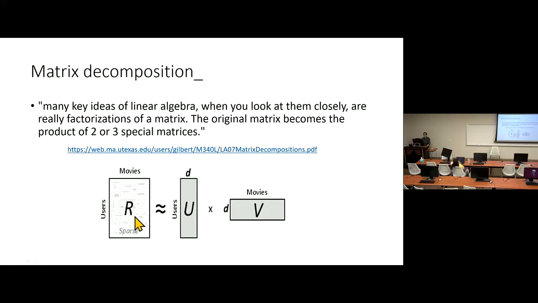Then you can do this decomposition and consider it as a product of two matrices: users by D components, or different types of users, and D is another component, so the D has to match.